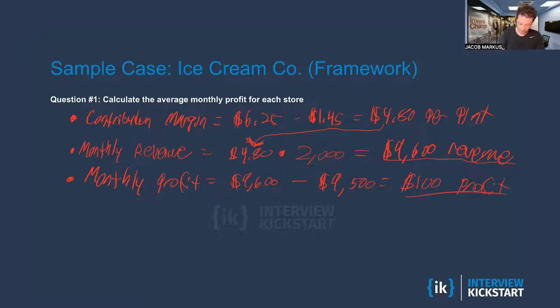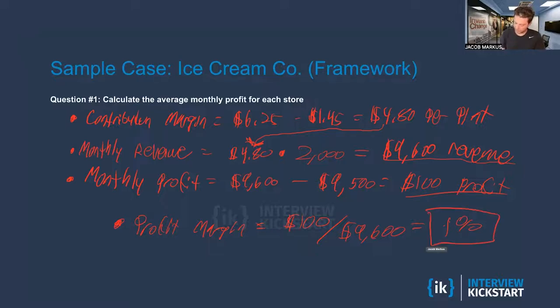So something that I might calculate to help me draw some insight is the profit margin, which is profit divided by revenue, and that's only about 1%. I mean, $100 on $10,000 would be 1%. So the food industry is known for having low margins, but that's really low.